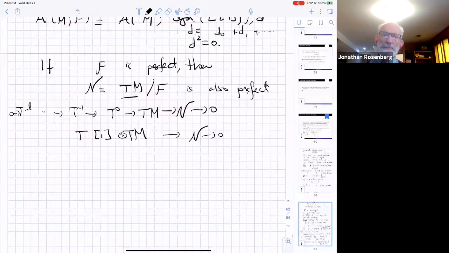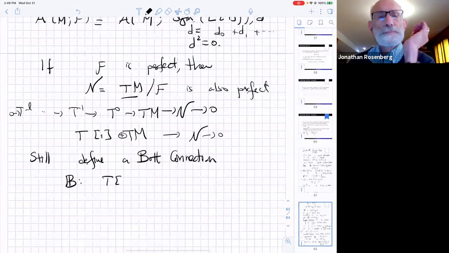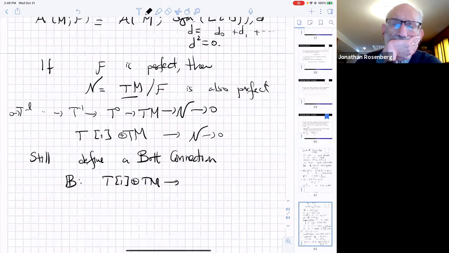And you can still define a Bott connection. So there's a B which maps this complex, T shifted by 1 plus Tm, to itself. Maybe I should give this a name.